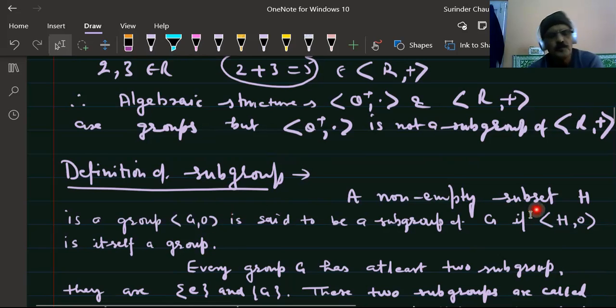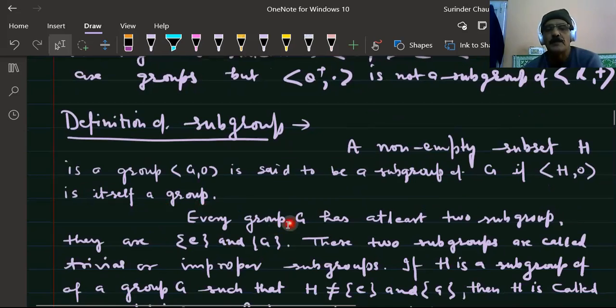So in every case, elements of H are elements of G. While proving a subgroup, we use the concept of a group with the same method. Now let's make something clear. Every group G has at least two subgroups. Every set is a subset of itself, and the identity element belongs to every group.